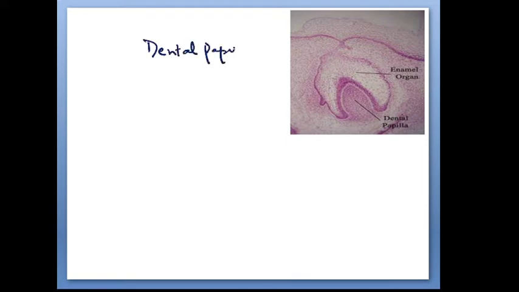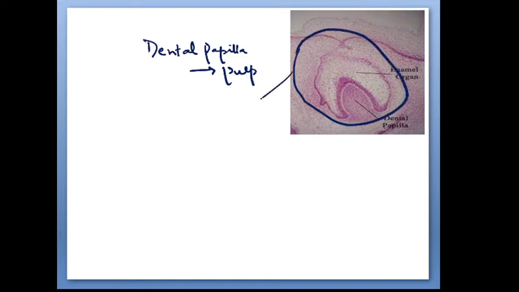There is formation of dental pulp and the outer covering, the whole covering of this enamel organ, is called the dental follicle. Dental follicle gives rise to cells of the periodontal ligament.